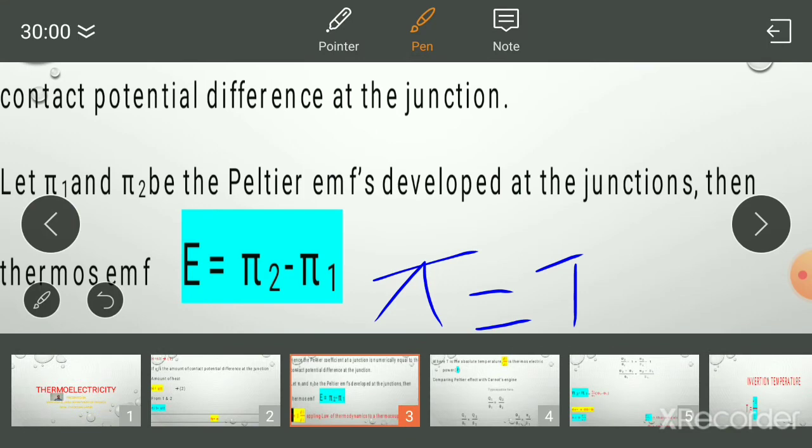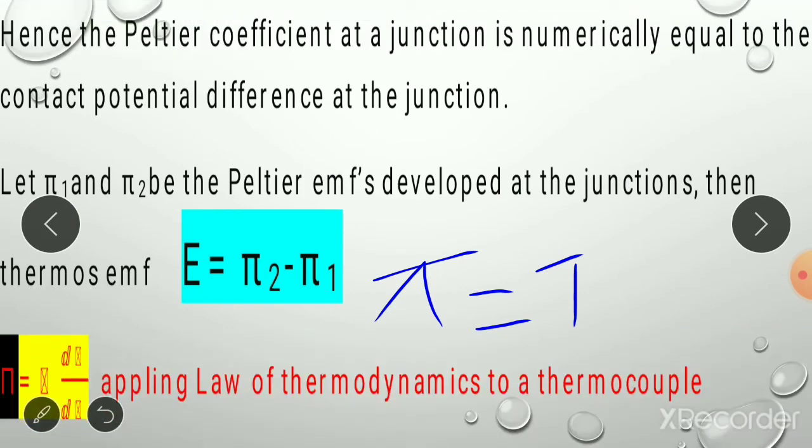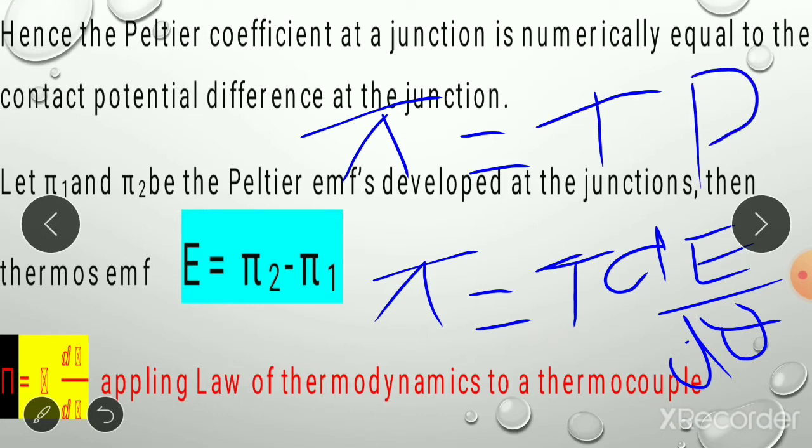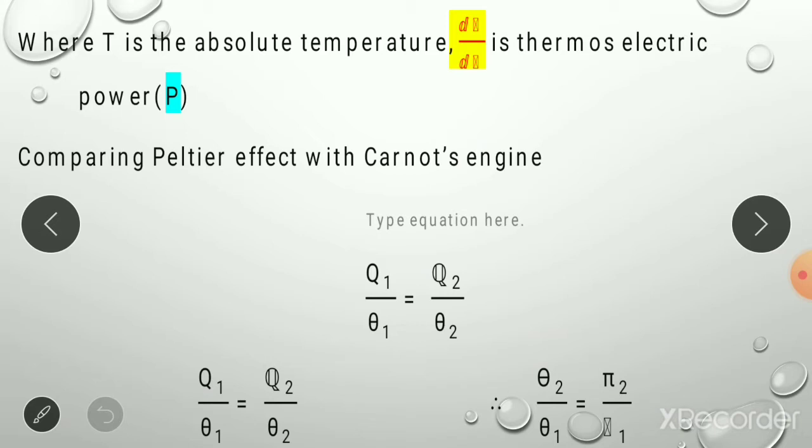This is a general relation, where capital T is the thermodynamic temperature at the junction, and dE by d theta is the thermoelectric power, denoted by P. So pi equals T P, where T is the absolute temperature and dE by d theta is the thermoelectric power.